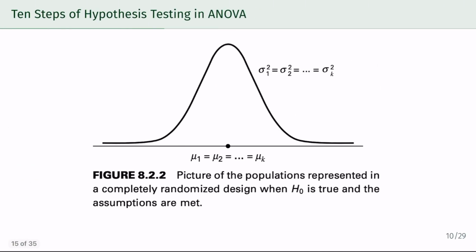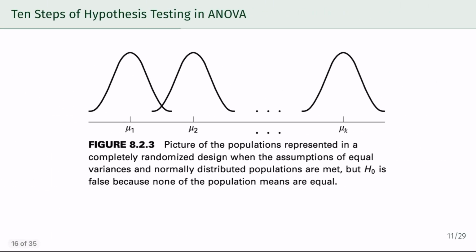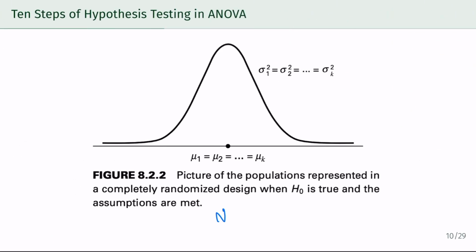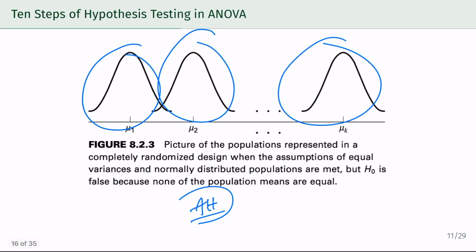Now if all of them match, then the observations of all of them will be on the same line. If they do not match, we have different groups with different variations. So this is the pictorial representation of the null hypothesis, and this is the representation of the alternative hypothesis.